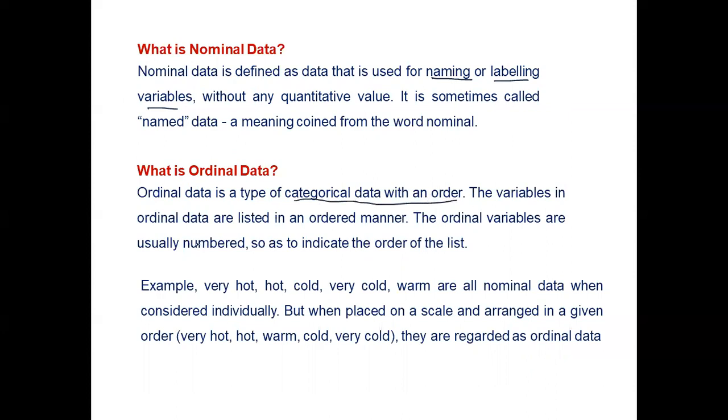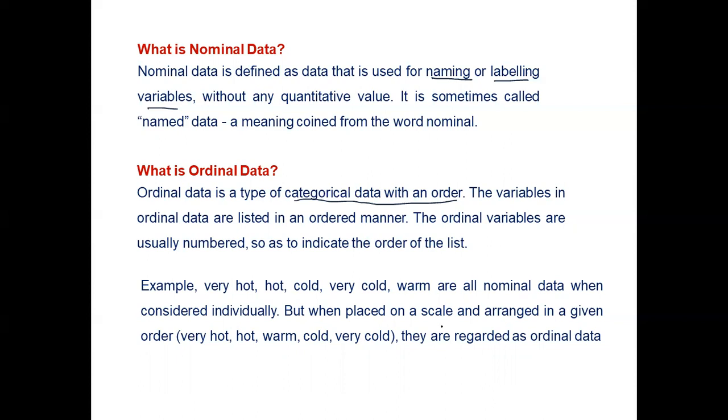The variables in the ordinal data are listed in an ordered manner. For example, very hot, hot, cold, very cold, warm, all these are nominal data when we consider them individually. But when they are placed on a scale and arranged in a given order, say very hot, hot, warm, cold, very cold, then they are regarded as ordinal data.